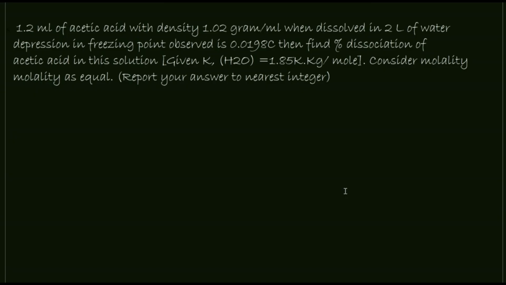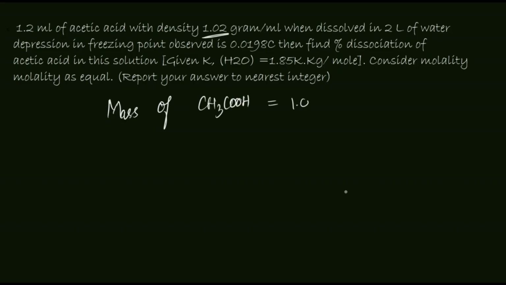So you can go about it by finding the mass of acetic acid. They have given the density and the volume, 1.2 ml. Both are in ml units, so please be careful with the units. Overall this becomes 1.224 grams.